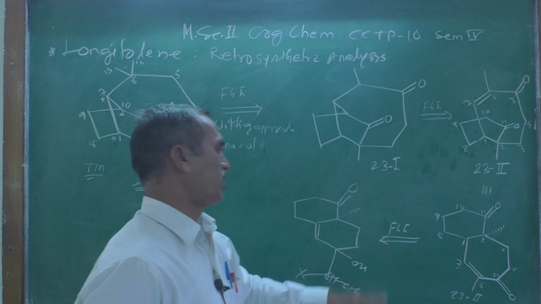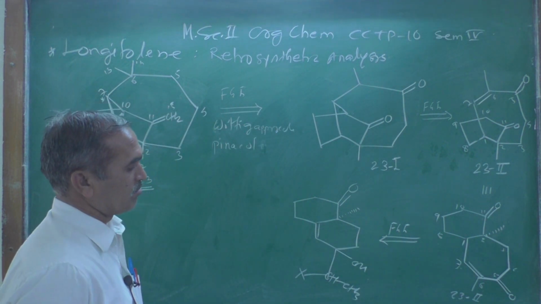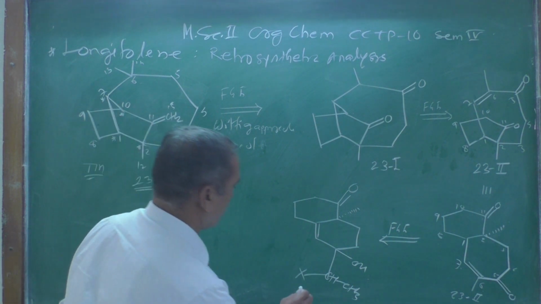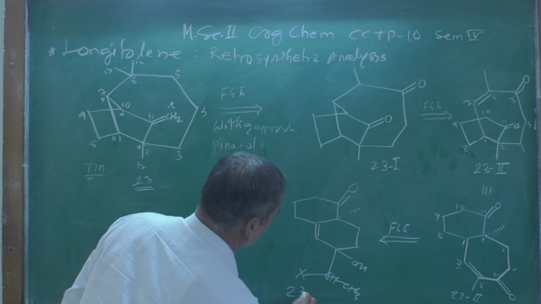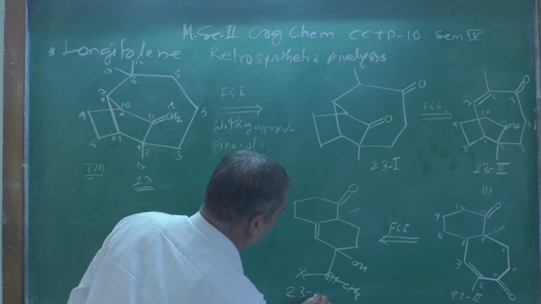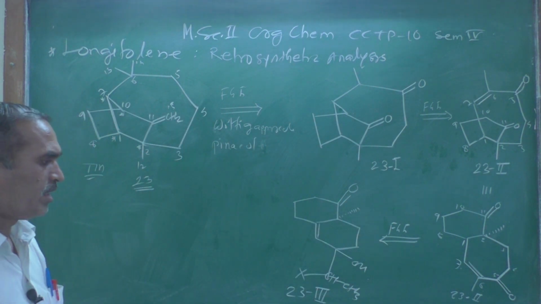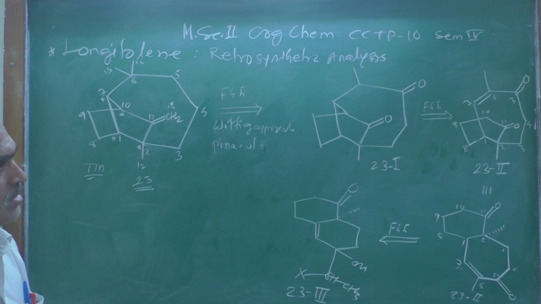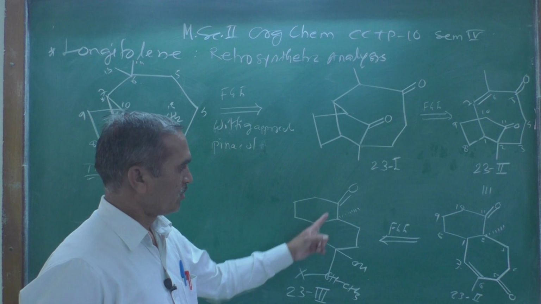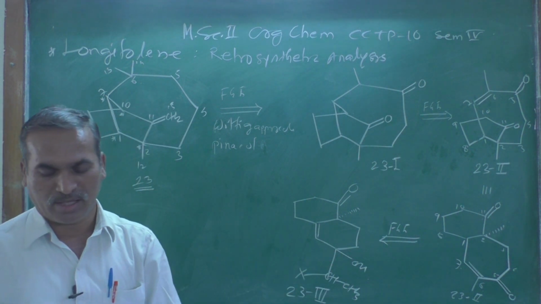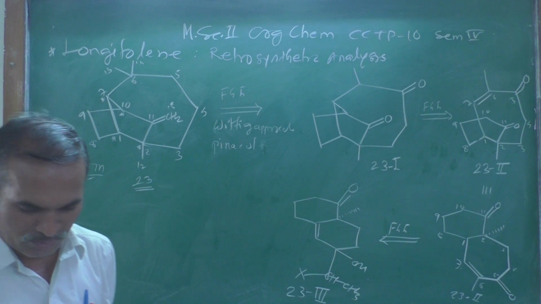So the 7-membered ring can be converted into a 6-membered ring. This type of target molecule you may get over here, and this is known as structure number 23 third, right? These are Roman numerals I have selected over here, and if you see carefully, there is a hydroxy group, here is X, and they are present at vicinal position.